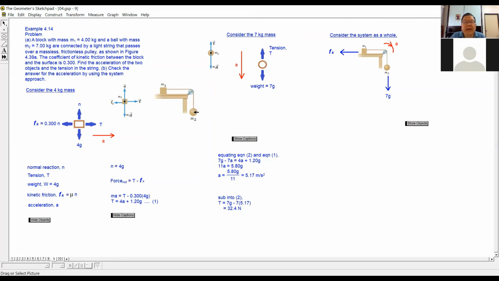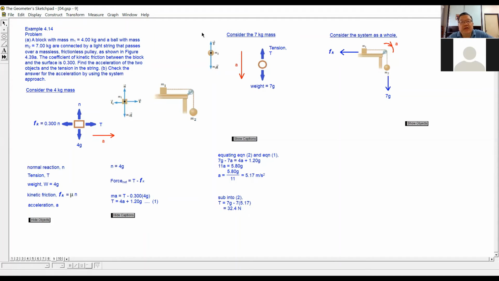We copy this ball and put it separately. There are two forces acting on this 7 kilogram mass. The first one is the weight, which is equal to mg, and the second force is T, the tension in the string or the rope.